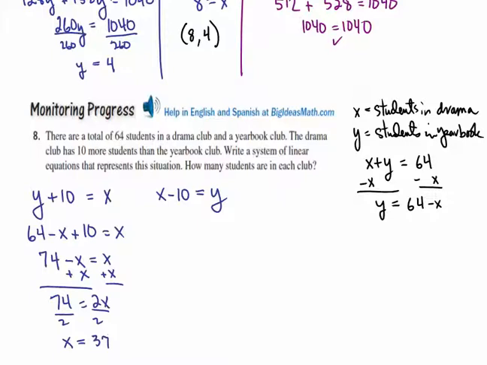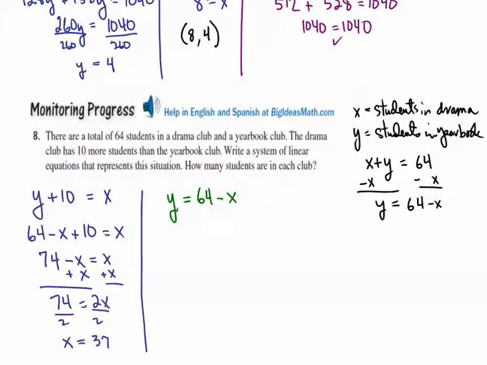Now, I'm going to erase that other form because that was essentially the same exact equation as the first one. Now, if x is 37, I have another equation that tells me that x plus y has to equal 64, or y is 64 minus x. I can either use x plus y is 64 or y equals 64 minus x.